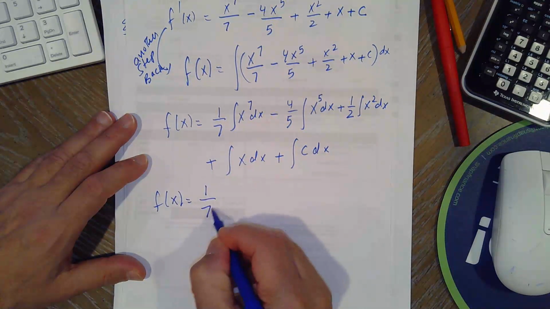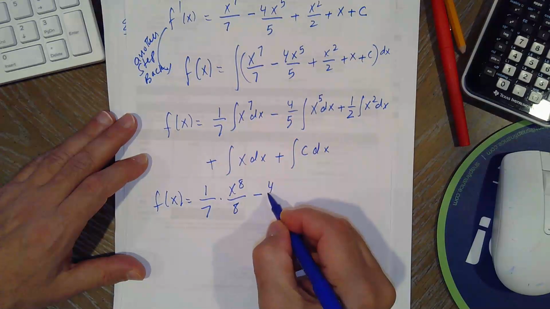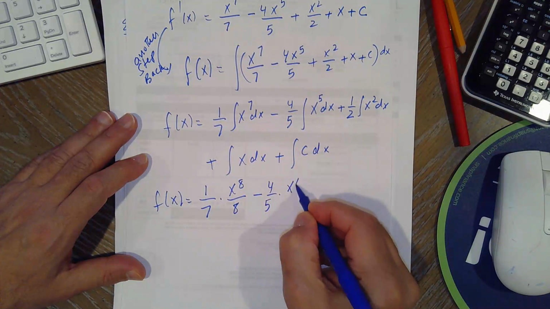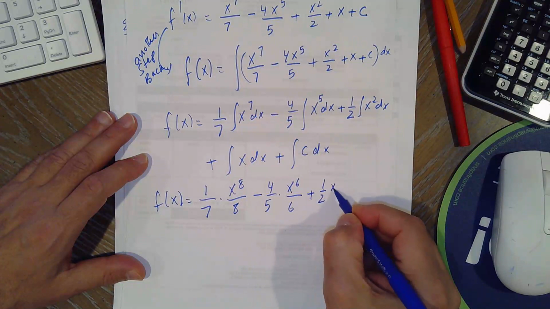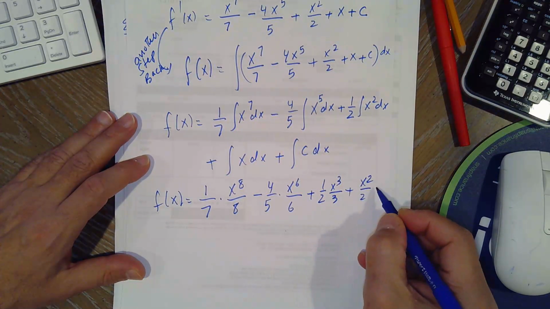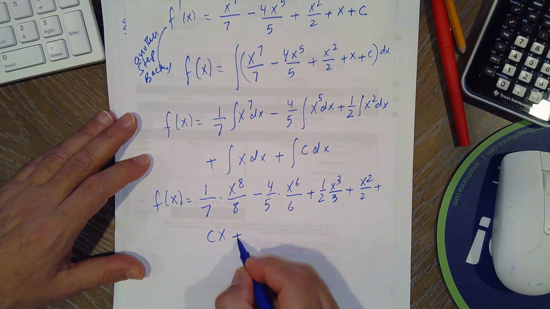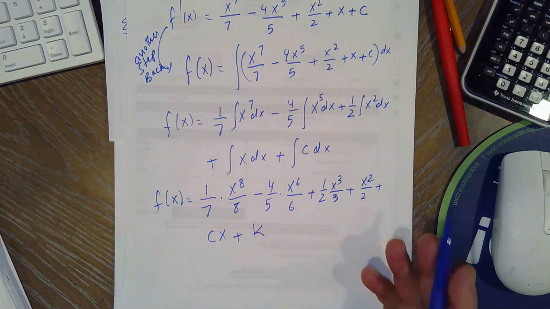So 1 over 7 x to the 8 over 8 minus 4 over 5 x to the 6 over 6, 1/2 x cubed over 3 plus x squared over 2 plus cx plus k. Remember, integral of k dx is kx plus c.